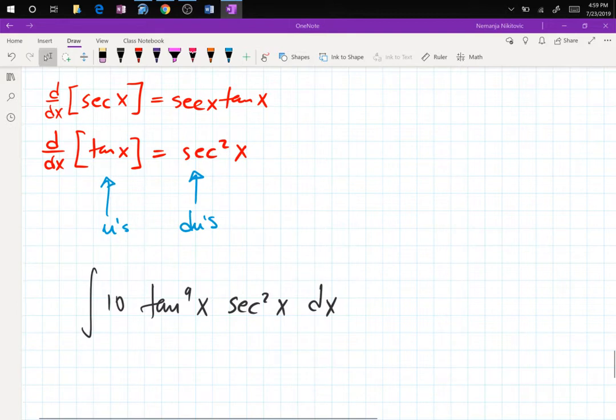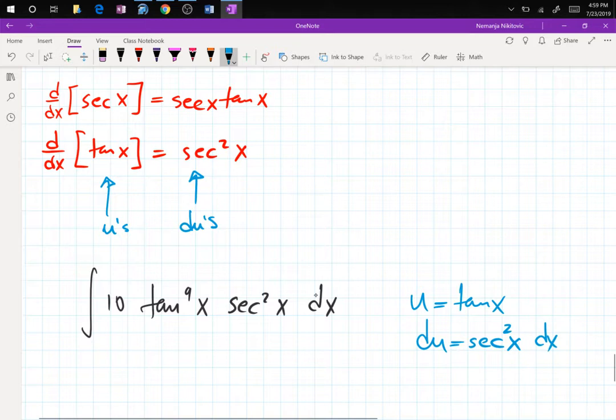So when you look at this, you see that the derivative of tangent is secant squared. Great, you have secant squared, right? So this problem is actually already set up for u sub immediately, because if you say u is equal to tangent x and du is equal to secant squared x dx, you already have secant squared x dx in here.